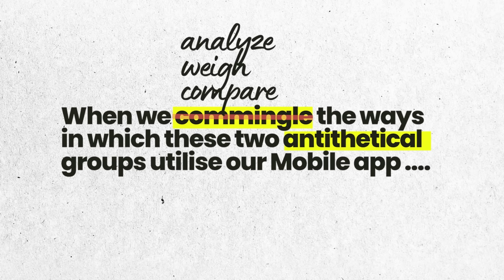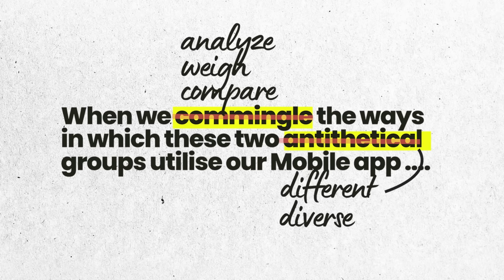The meaning of these words is the same, but they're less complex. Instead of antithetical, you could use much simpler words such as different, diverse, or if you want to use a better word, you could use dissimilar. Now, that's a better and more advanced word, but not a complex one.